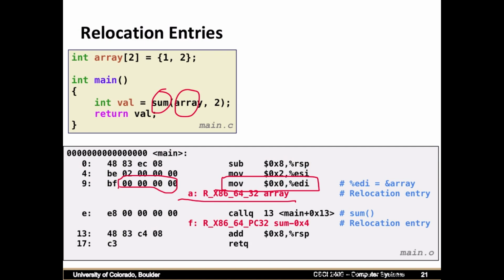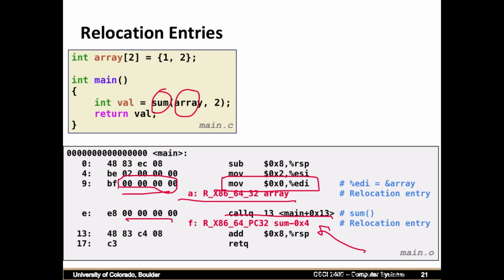And when you figure out where that's going to go, please fill in this entry here with the address of A. Likewise, here in the call routine, we're not actually putting in the actual destination address. We just put in zeros here and a relocation entry that says, when you figure out where function sum is, come back and patch this up.